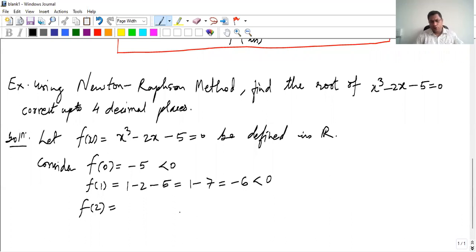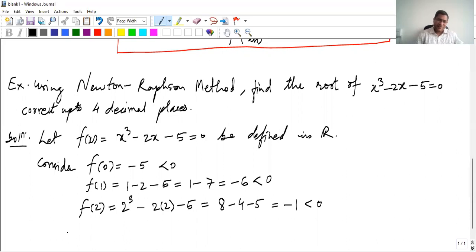What happens to f of 2? 2 cube minus 2 into 2 minus 5, that is 8 minus 4 minus 5, which is minus 1, again less than 0.